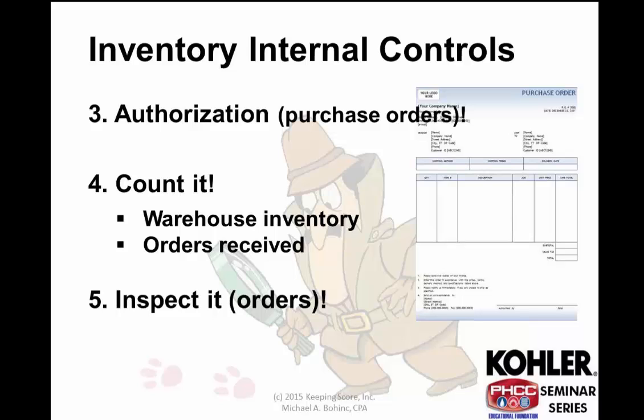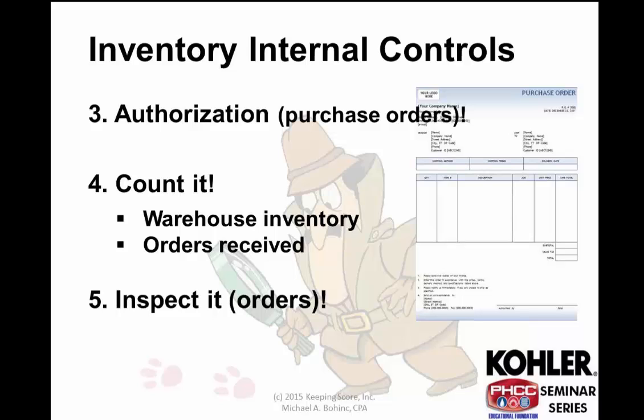So I order 5 water heaters, 3 toilets, and 2 garbage disposals. Then when that order is delivered to the shop, somebody, preferably somebody besides me, again, separation of duties, checks to make sure that what we receive are 5 water heaters, 3 toilets, and 2 garbage disposals, and that all the items we receive are not damaged, that their boxes and everything are in good shape.